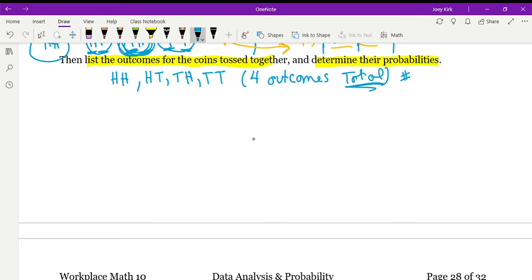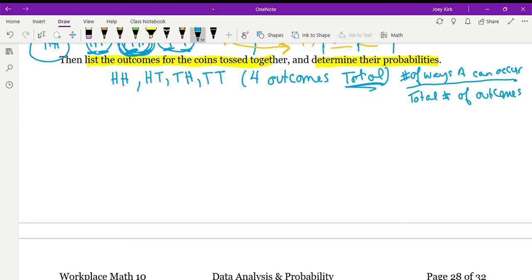So that's always the formula that we've been using since we did just a single event: number of ways A can occur over total number of outcomes. All right. So number of ways A can occur over total number of outcomes.